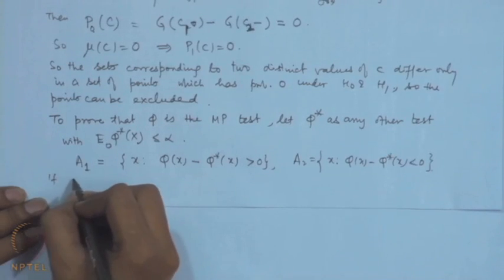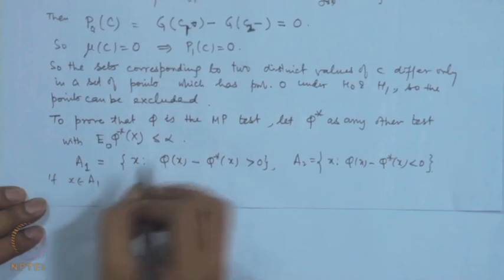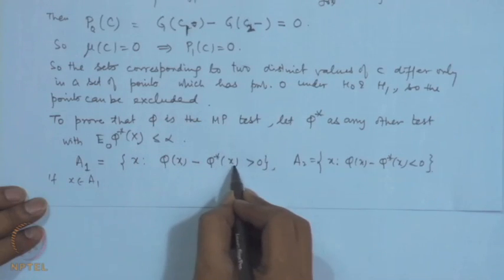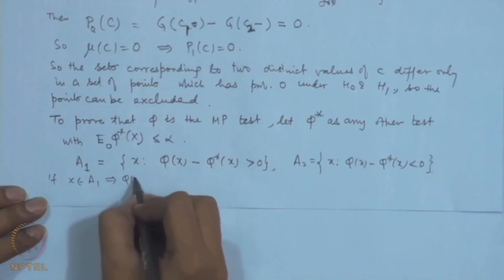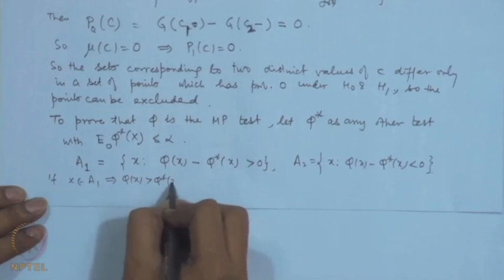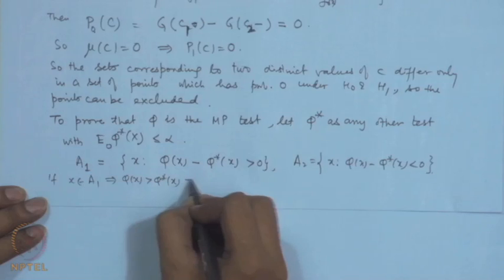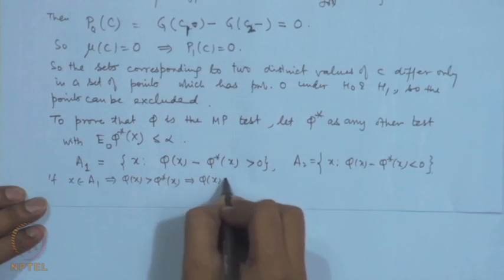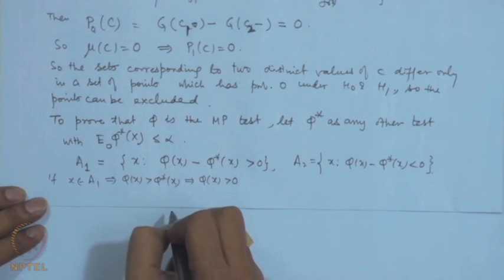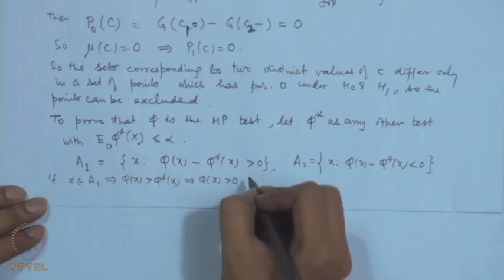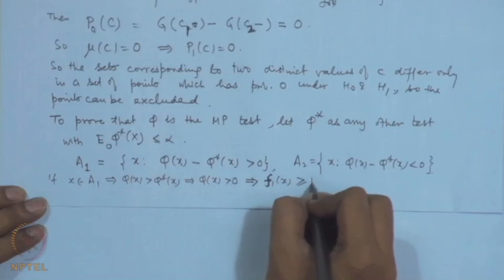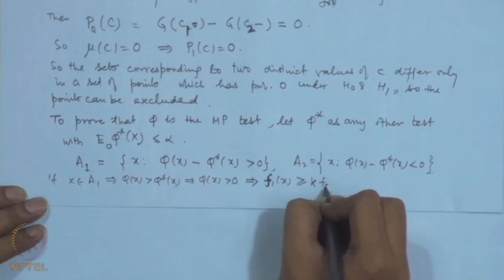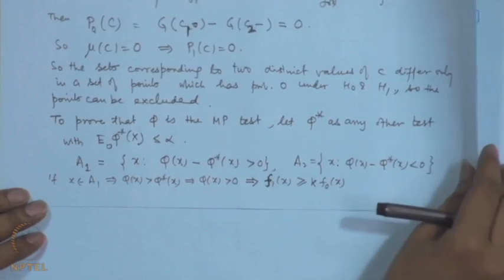If x belongs to A1, then phi x is greater than phi star. So, this implies that phi is strictly positive. If phi is strictly positive, this implies that f1 x is greater than or equal to k times f naught x. Now, why is this true?